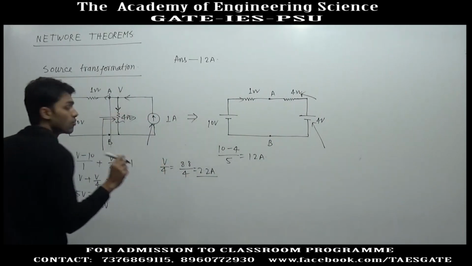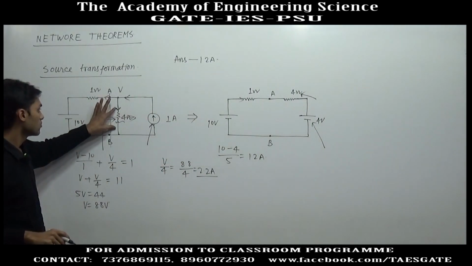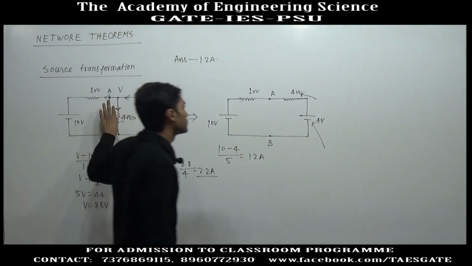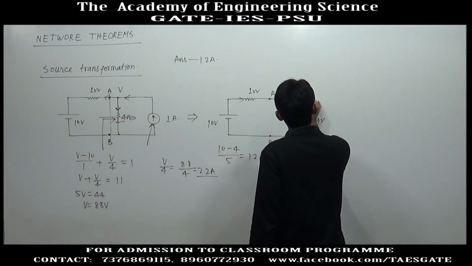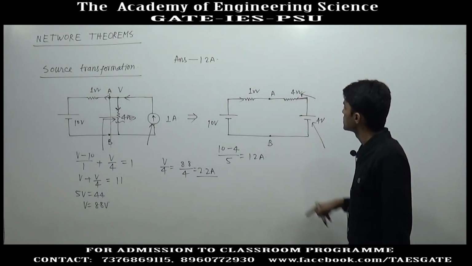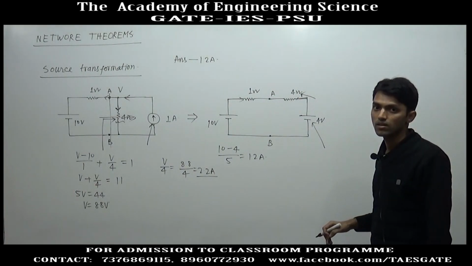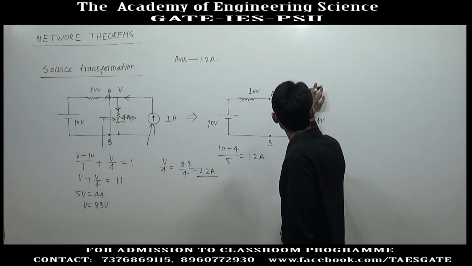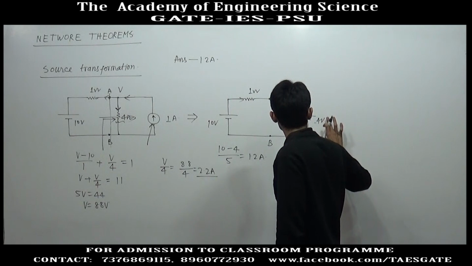So the overall conclusion is, if you are asked to find the current in this 4 ohm resistance, and you find the current in the 4 ohm resistance of the transformed circuit and say that this is your answer, it will be wrong. But source transformation can still help you.